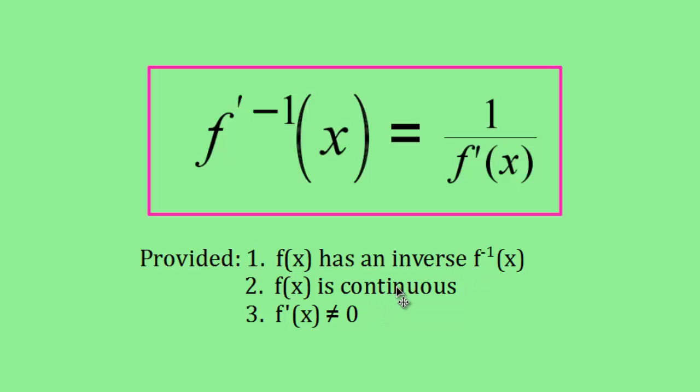The original function must be continuous, and the original function's derivative cannot equal 0, because if it equals 0, then the derivative of the inverse function fails to exist. So if those three things are true, the inverse function does have a derivative, and it is 1 over the derivative of the parent function.